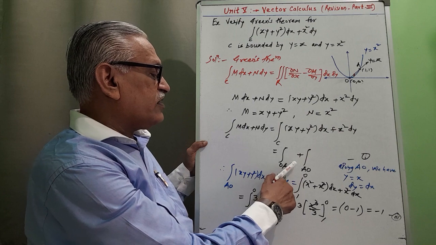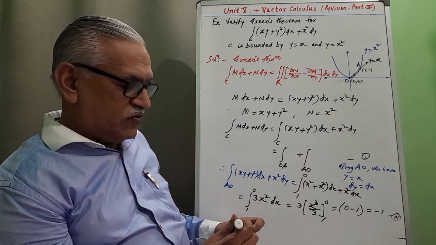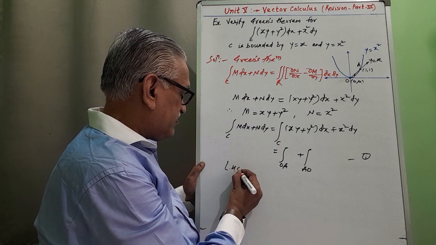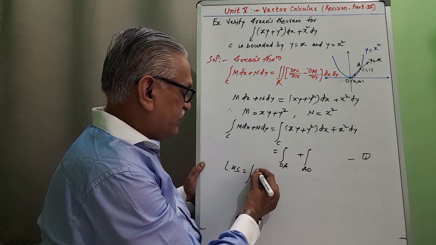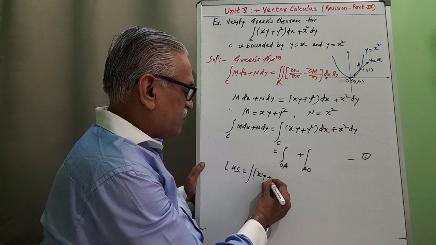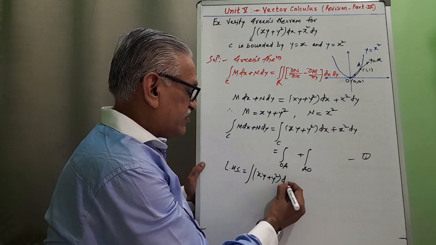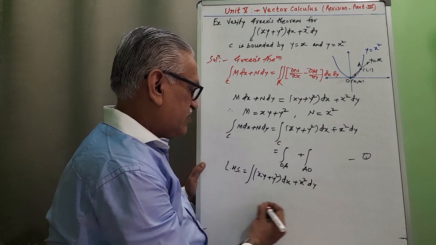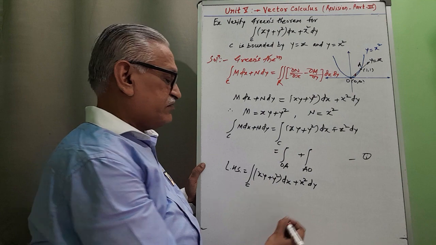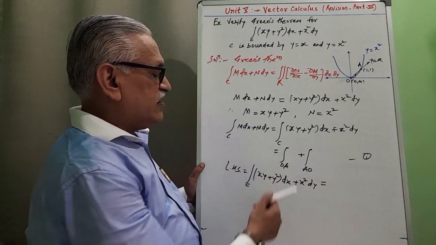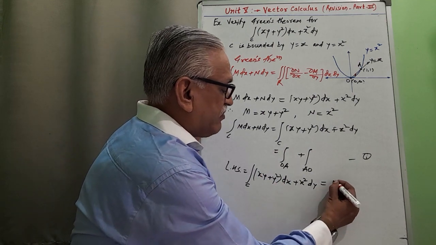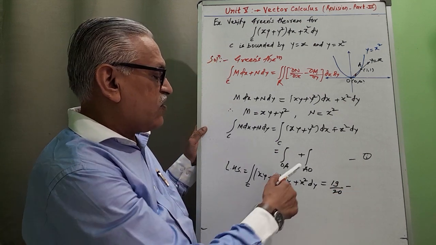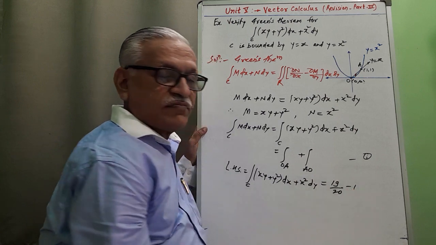Substituting those two values here, we get the value of the left hand side, LHS, the line integration of xy plus y square into dx plus x square into dy over that curve C. Along OA the value is 19 by 20 and along AO it is minus 1.